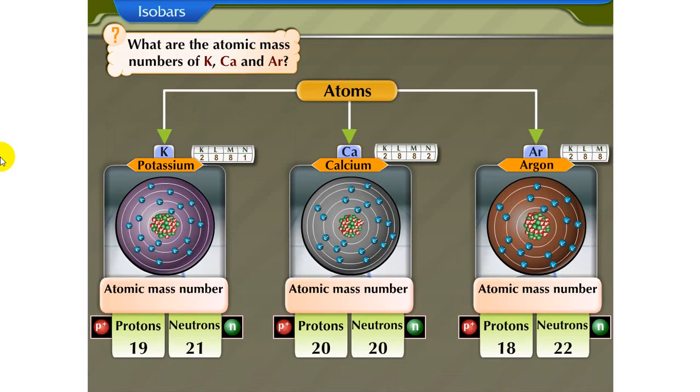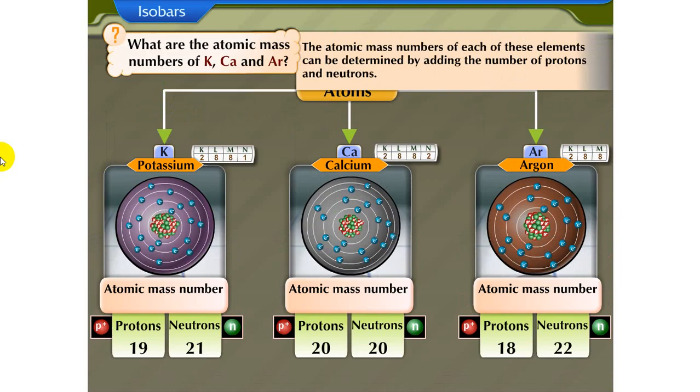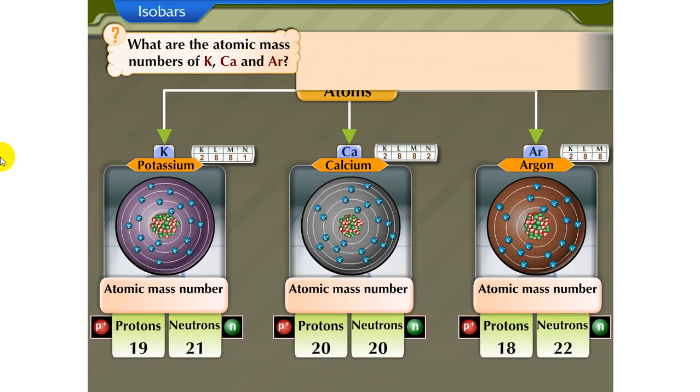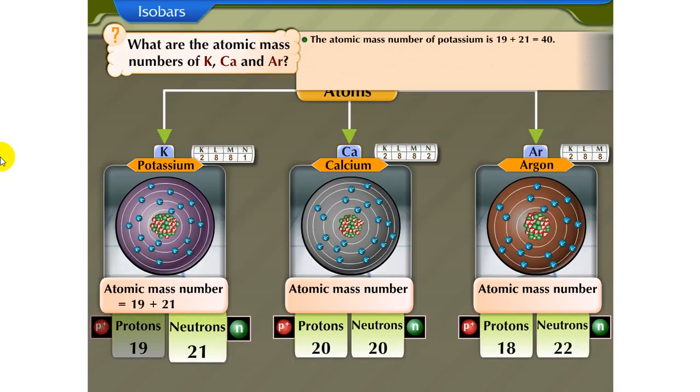What are the atomic mass numbers of potassium, calcium, and argon? The atomic mass numbers of each of these elements can be determined by adding the number of protons and neutrons. The atomic mass number of potassium is 19 plus 21.